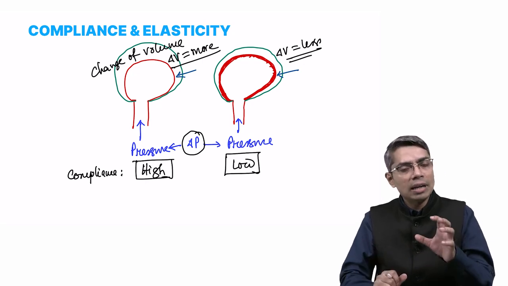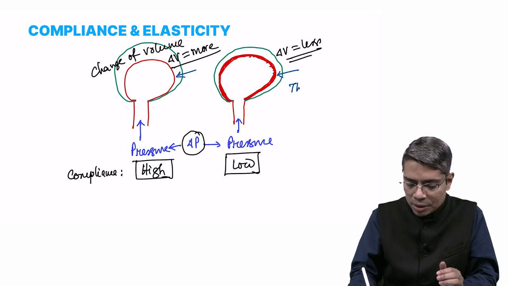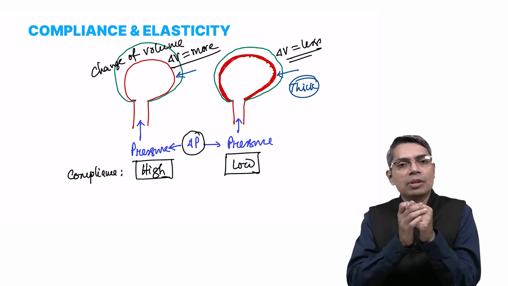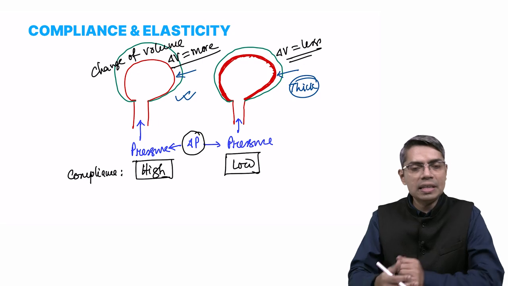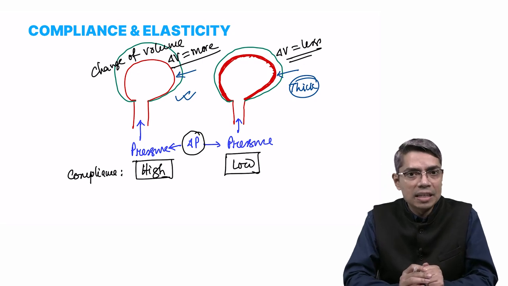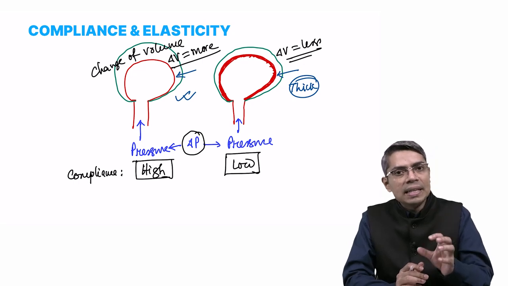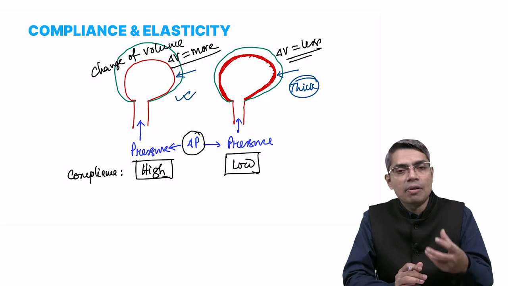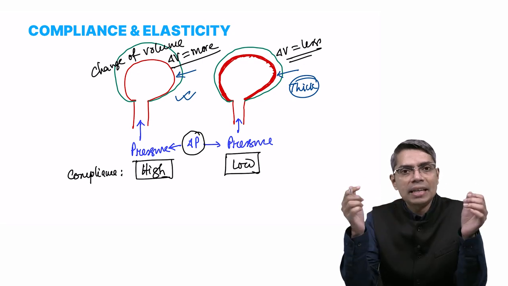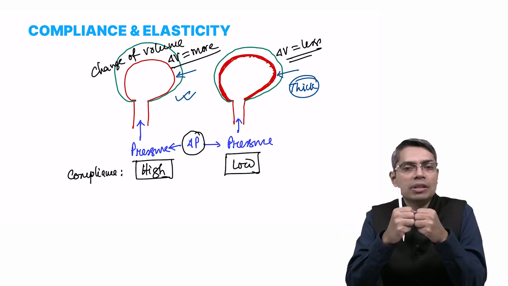Which balloon will collapse earlier, or which balloon will collapse with a huge amount of force? The thick balloon, because it is a thick rubber band, it will easily collapse to the original position. But the first balloon is easily expansile, yet it will not be able to recoil back to the original position easily. So elasticity is the tendency to return to the original shape or structure.